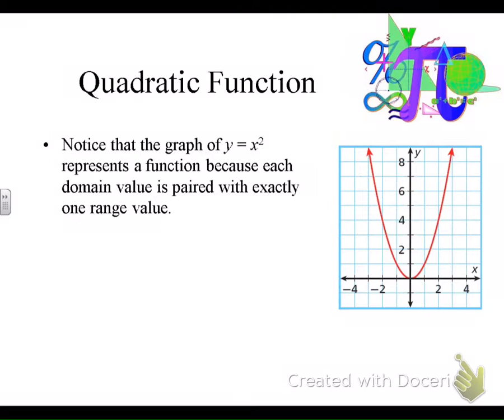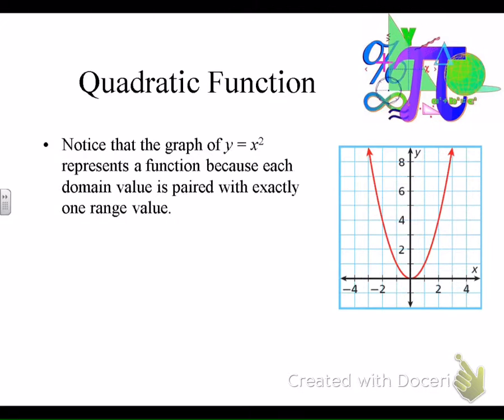Okay, so this particular quadratic function, y equals x squared, is called the parent function. And I want you to notice that the graph represents a function because each domain value, remember the domain is the x, is paired with exactly one range value, exactly one y value.